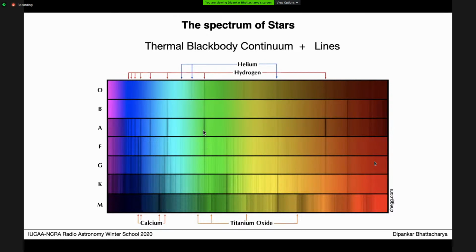These are absorption lines caused by the atmosphere lying above the star. So they absorb the light coming from the star and produce these lines. But the underlying continuum is a thermal blackbody continuum. So let's look at that a little bit.